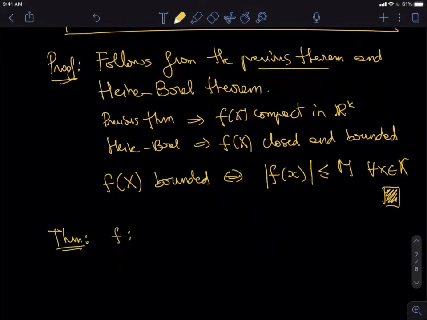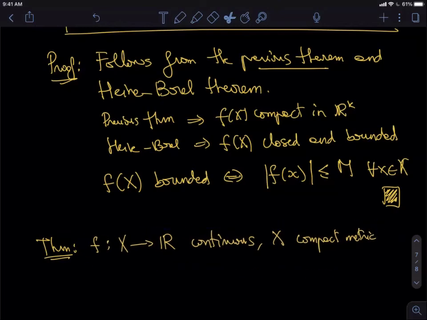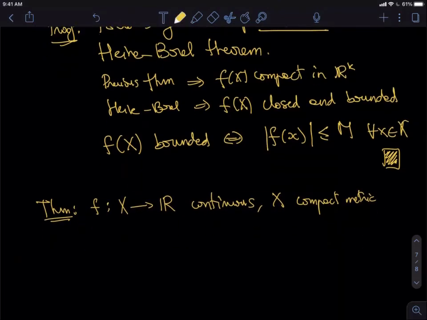So if we have a real function on a compact metric space X, and it is continuous, it is very important that X is compact. We will be able to show counterexamples of this theorem whenever the function is not continuous or X is not compact.